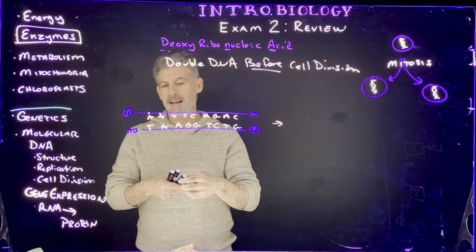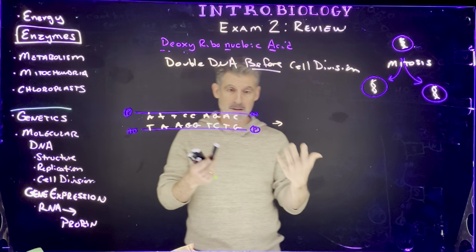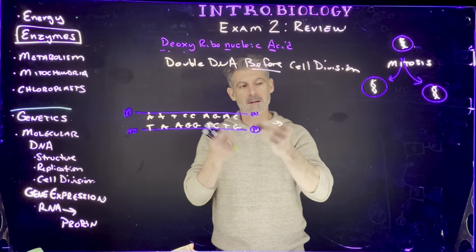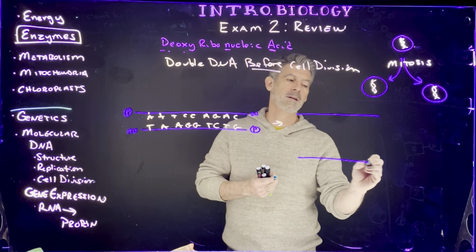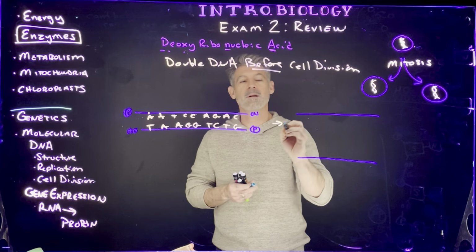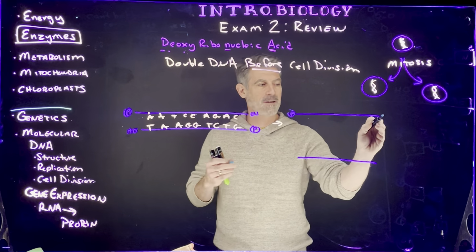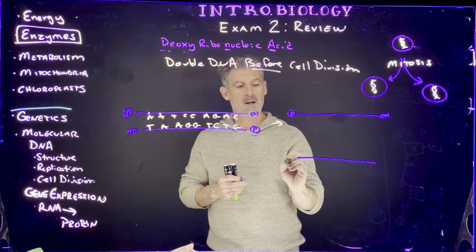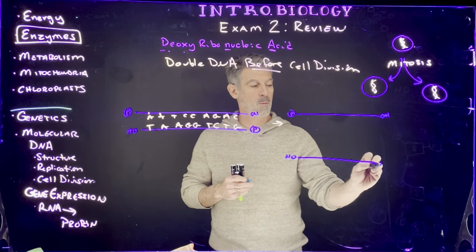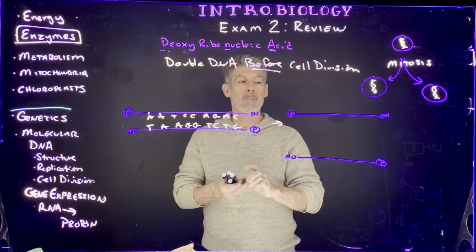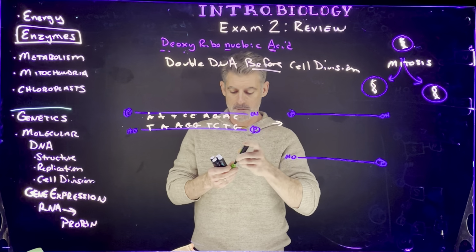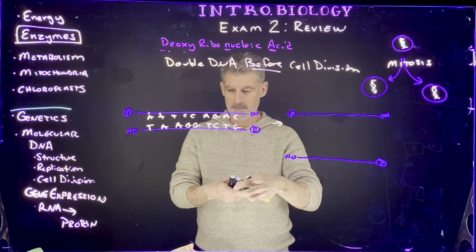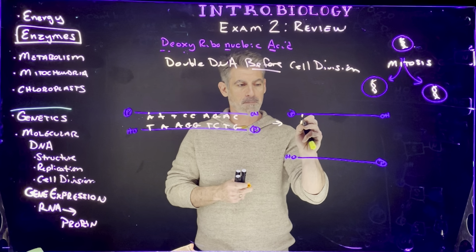Now, this isn't what really happens, but this is the generic explanation of the concept of how it happens, not the details of what really occurs. What really occurs is more complicated than this. But essentially, the two strands get pulled apart. An enzyme called helicase can pull apart these two strands.